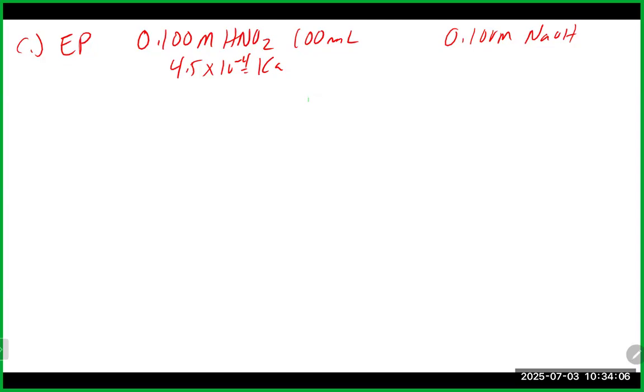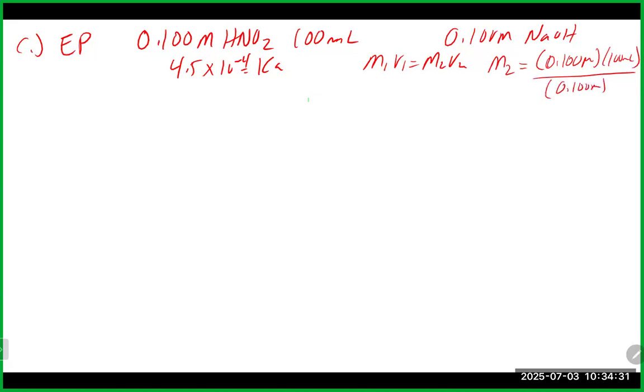As we saw in the previous step, it is a one-to-one relationship between the acid and the base. So you can use M1V1 equals M2V2, and in this case, M2 would equal our 0.1 molar times our 100 divided by our 0.1 molar.